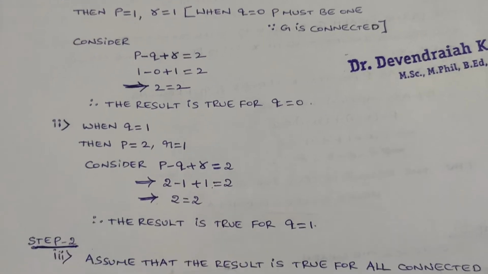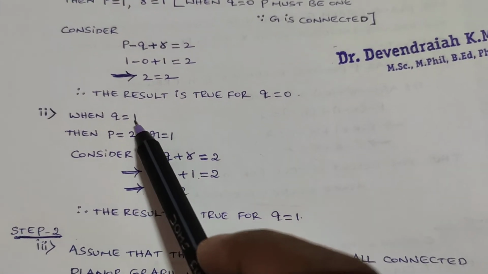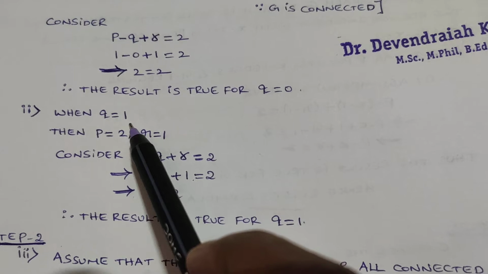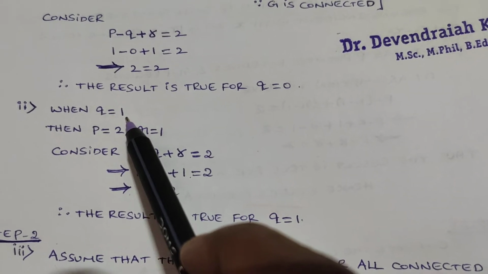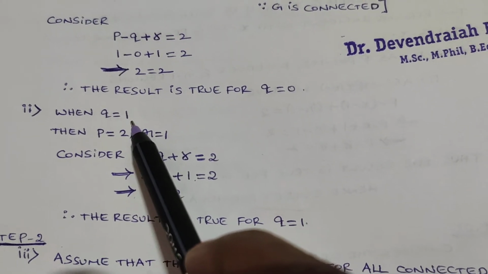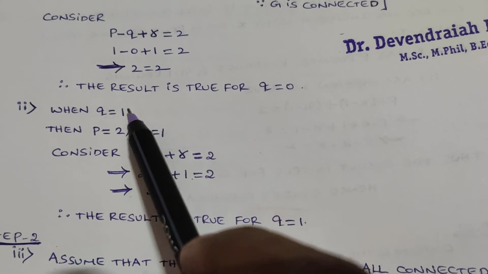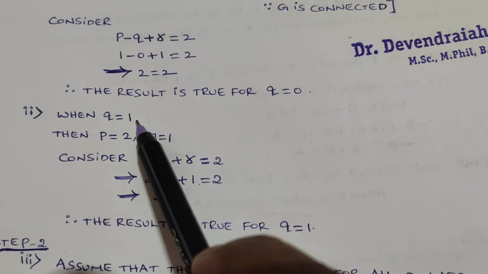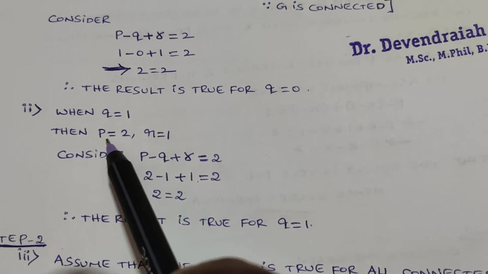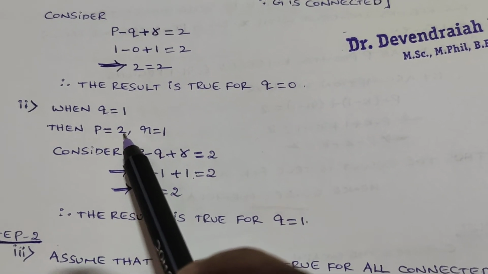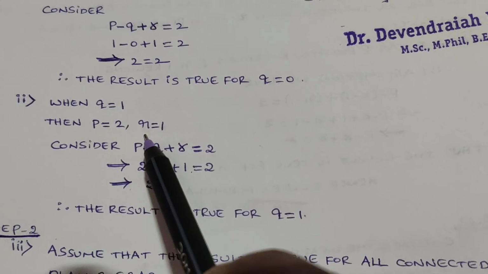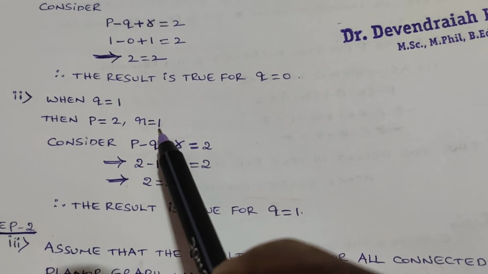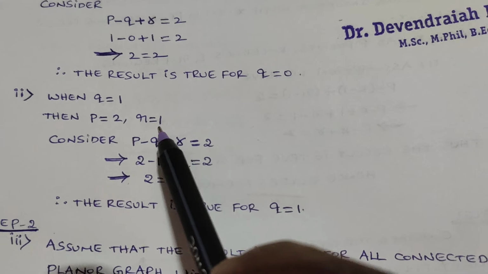Similarly, when Q is equal to 1, that means there is only one line in the graph. In that case, if the edge is 1, then the number of points will be 2 and the number of faces will be 1, since it is a connected graph.